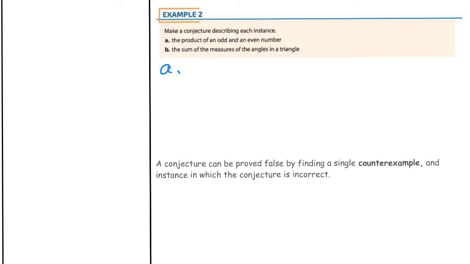Hopefully you remember, product is multiplication. So the product of an odd, let's say 3, and an even number, 6. And 3 times 6 is 18. I could have given other ones. I could have given things with negative numbers, like negative 7 times 2. That would have been fine because that is the product of an odd number, negative 7, and an even number, 2.